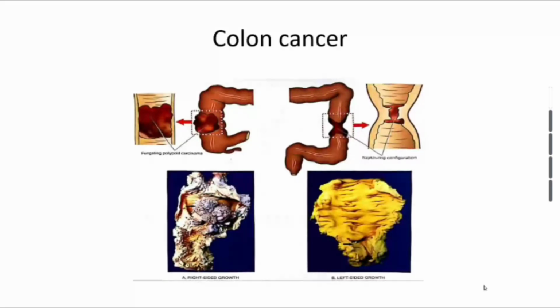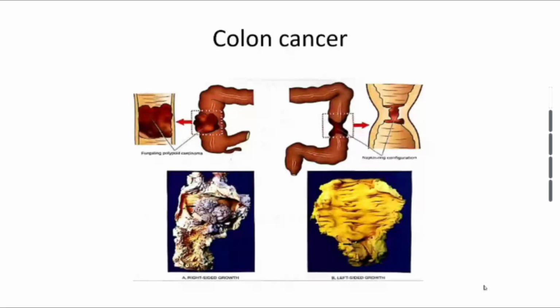That means it grows within the wall, causing it to constrict like a napkin ring. So right-sided growth generally tends to be cauliflower. You can see that one in that picture. The lower ones are real pictures. You can see it growing into the lumen like a cauliflower, fungating, call it fungating. But on the left side, it is just constricting. So it's growing into the wall, causing it to narrow. So napkin ring configuration.